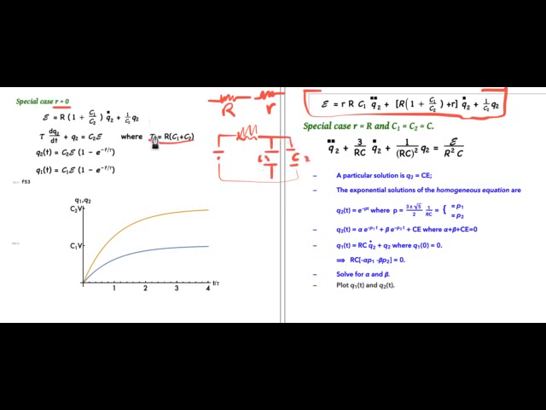So let's put that in and replace Q2 dot by tau times Q2 dot. So you see tau is R times (C1 plus C2). So this will be tau divided by C2.